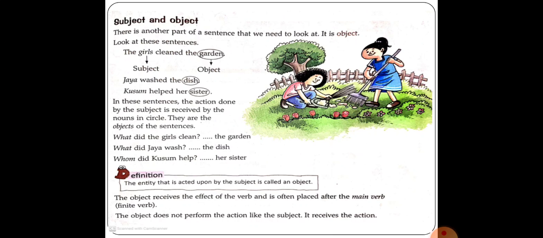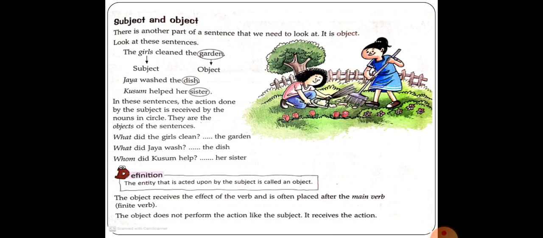In these sentences, you can see the action done by the subject is received by the nouns in the circle. Just like Jaya washed the dish. What does Jaya do, and with what? She washed the dish. Dish means plates. So Jaya washed the dish.